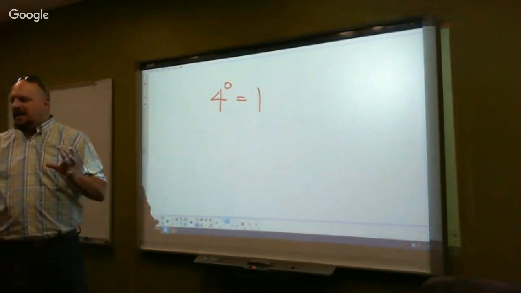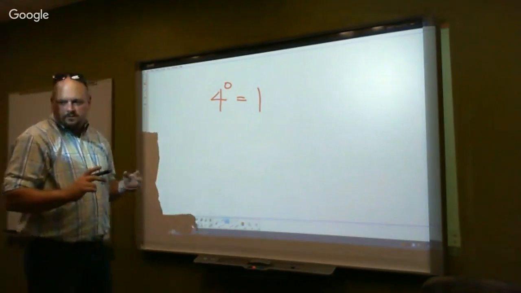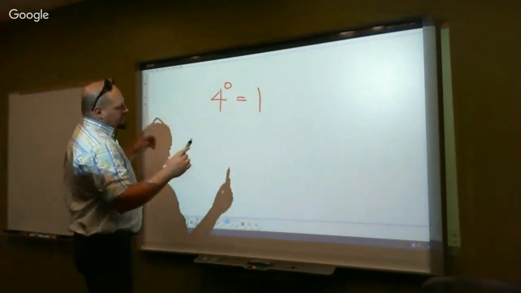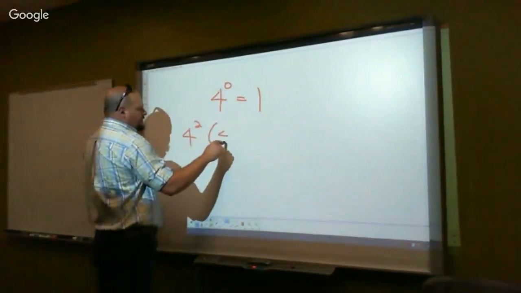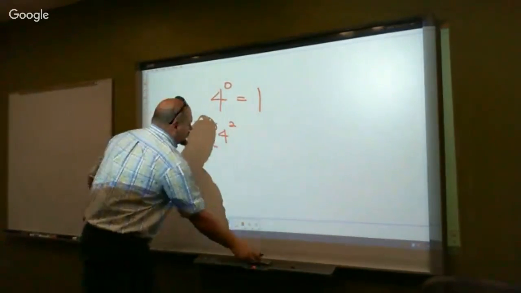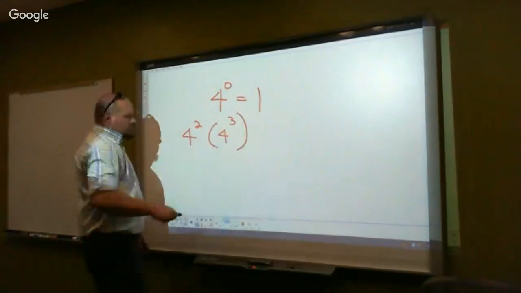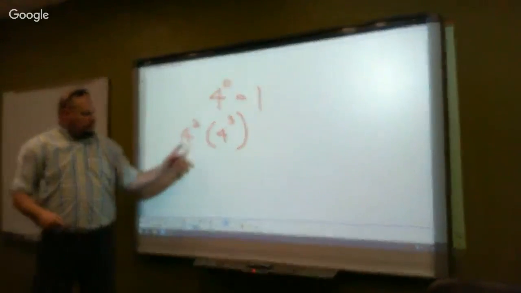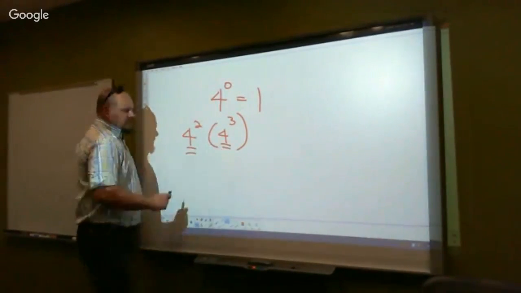Here's how we understand exponents, right? When we multiply exponents, let's say we have 4 squared times 4 to the third. What's 4 squared times 4 to the third? They both have the same base, right?